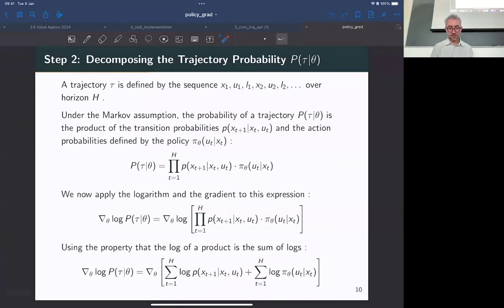And so we can rewrite this as the gradient of the summation of the log probabilities. So we have one summation for the log probabilities of the transitions and one summation for the log probabilities of the policy.